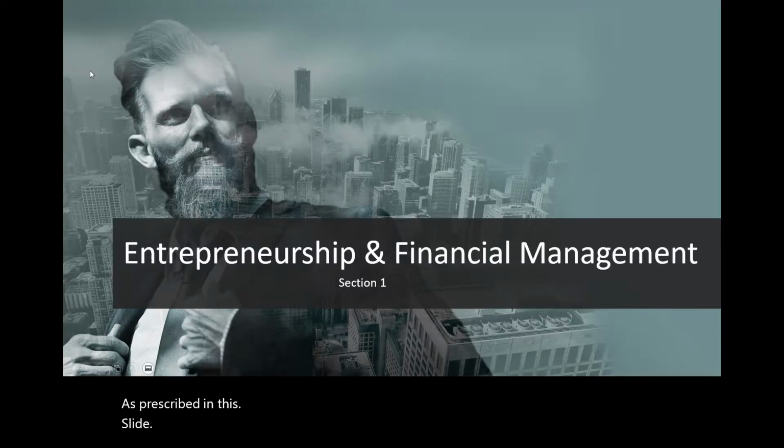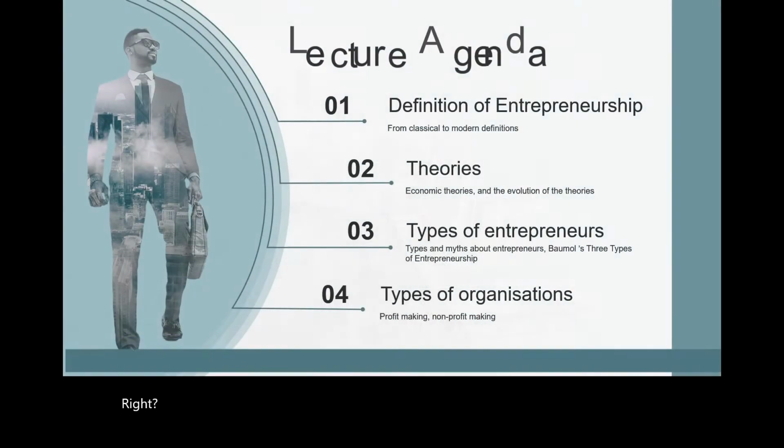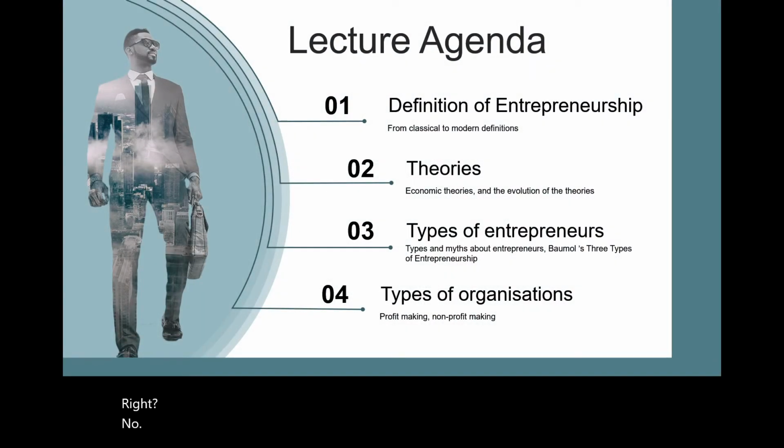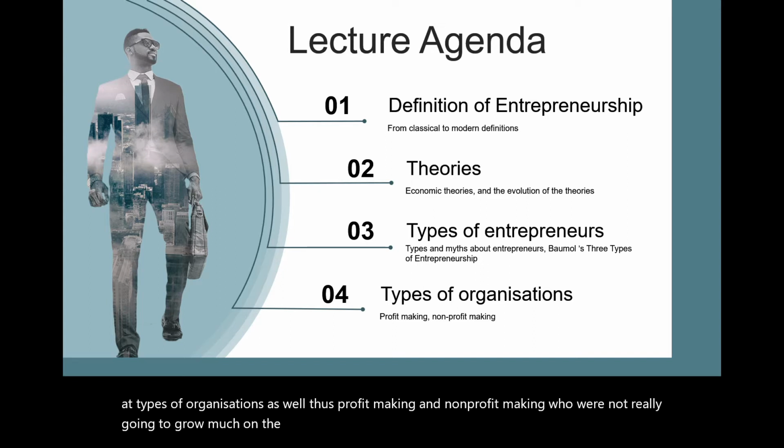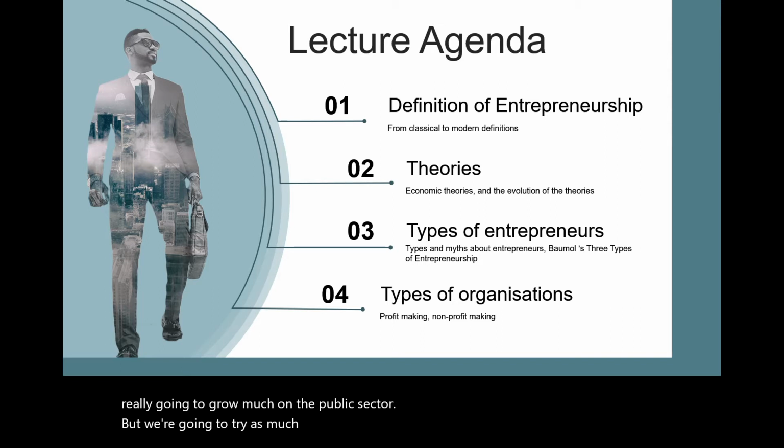We're going to look at the definition, theories, the types of entrepreneurs, and types of organizations as well, that's profit making or non-profit making. We're not really going to dwell much on the public sector, but we're going to try as much to separate profit making from non-profit making organizations.